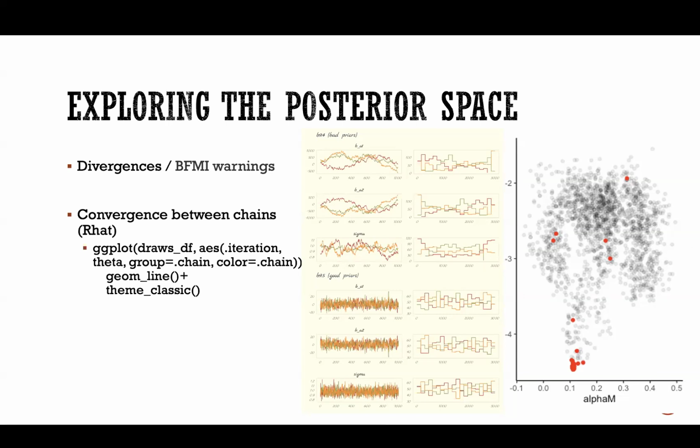On the lower part of this plot, what we see instead are chains that in technical terms are mixing well. In less technical terms, or more technical terms if you want, they look like a hairy caterpillar, where each chain is swinging widely on the y-axis, and it's hard to pinpoint any difference between the chains.